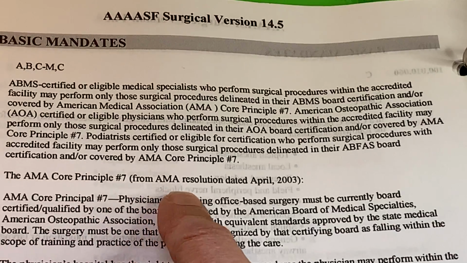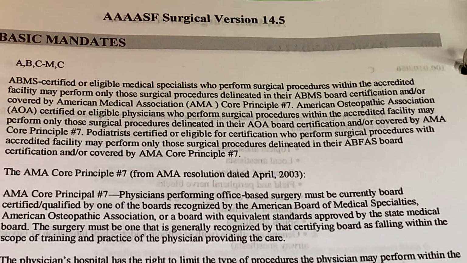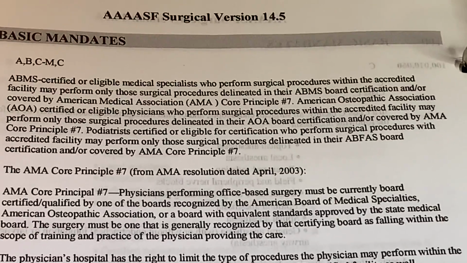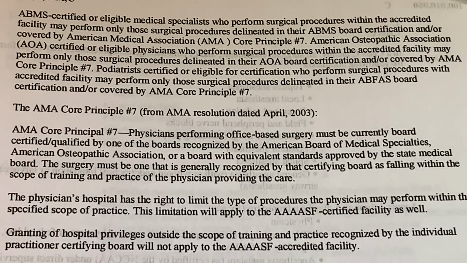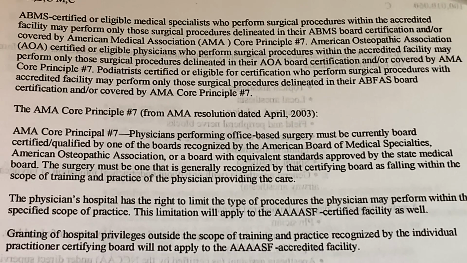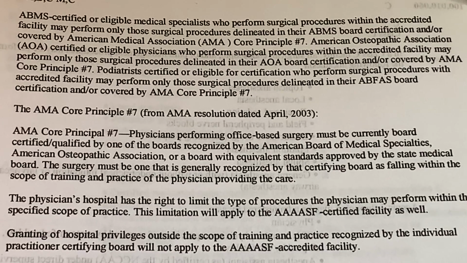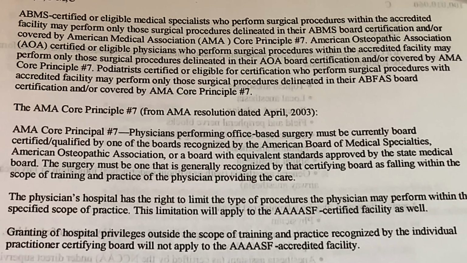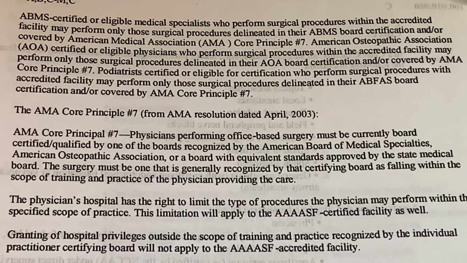The core principle number 7 from the AMA resolution dated April 2003. And they worded it out for us so we don't have to go look it up. Okay, the core principle: physicians performing office-based surgery must be currently board certified or qualified by one of the boards recognized by the ABMS, AOA, or the equivalent standards approved by the state medical board.